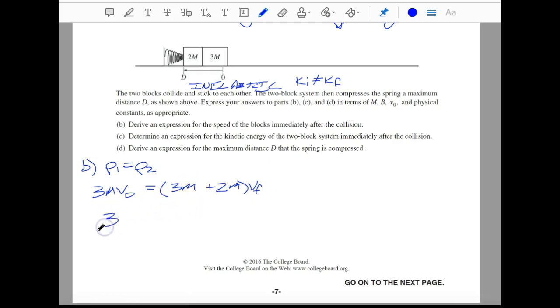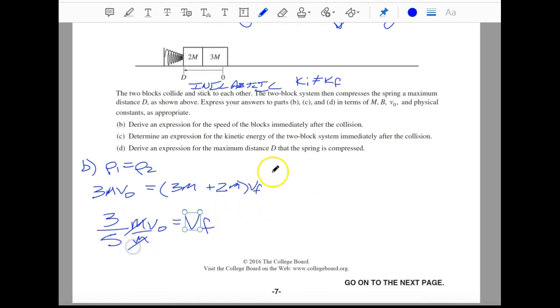So we're going to do 3 times m times v0, over 5m, and that is equal to vf.